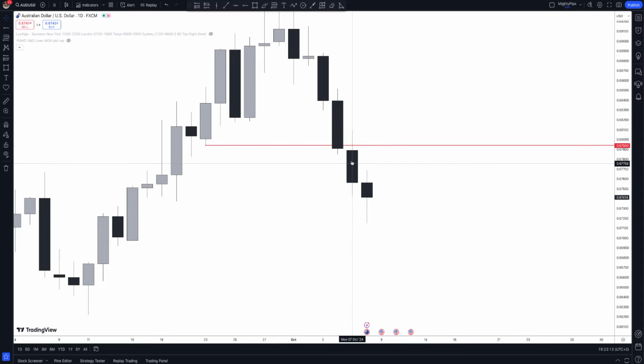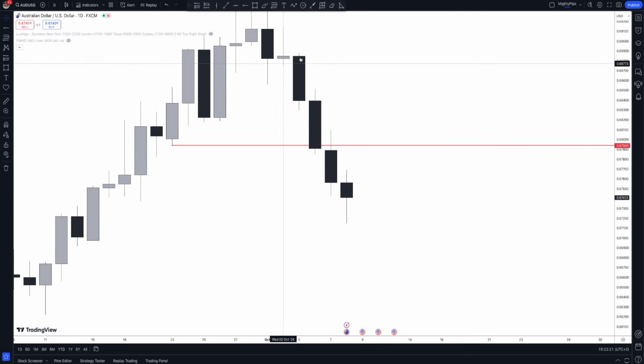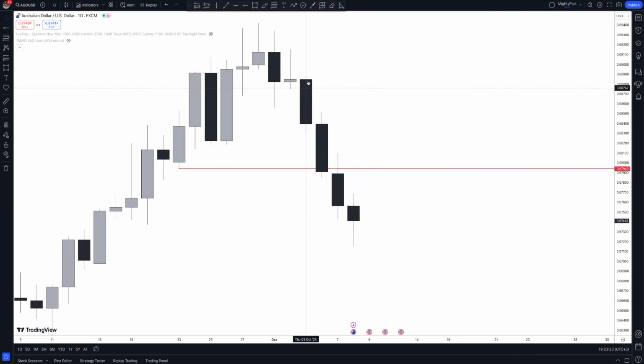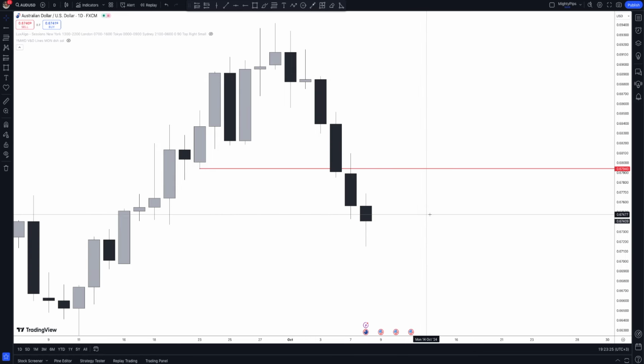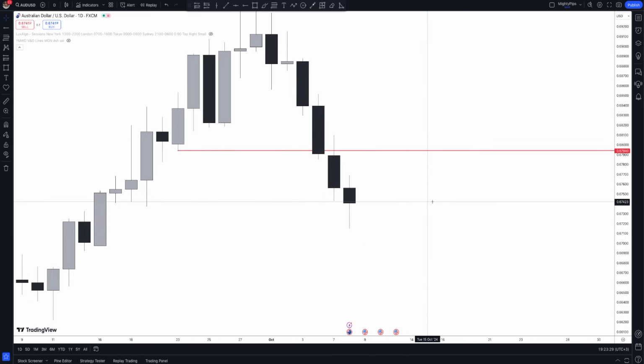Also, yesterday's candle closed bearish, and the day before that also closed below this red line on the daily chart. So we are looking at a current bearish market on AUD/USD, which is pushing a bit lower.